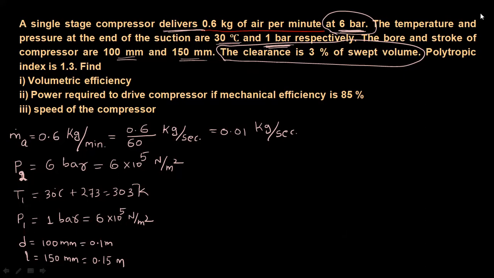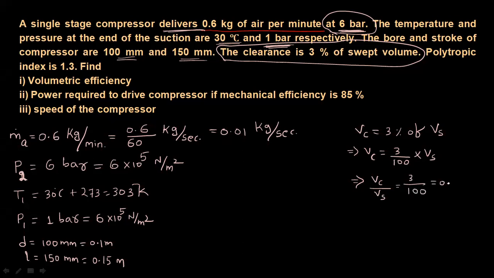This means the clearance volume is 3% of swept volume. That implies we can write VC equals 3 divided by 100 of VS, where 3% means 3 by 100 and of means multiplication. If we take this VS to the other side, we get VC by VS equals 3 by 100, that is 0.03.